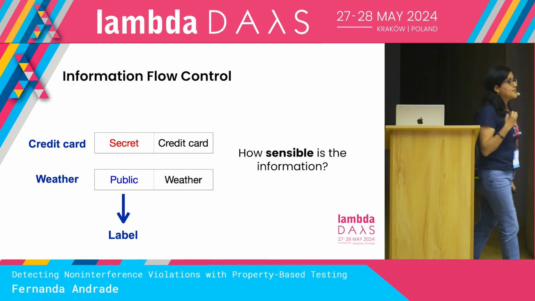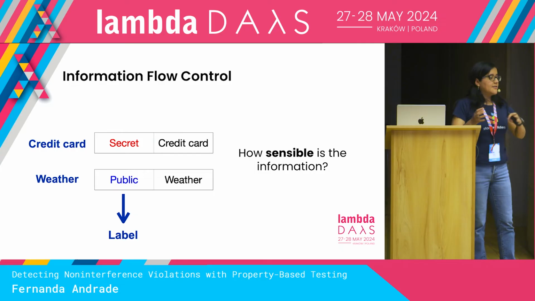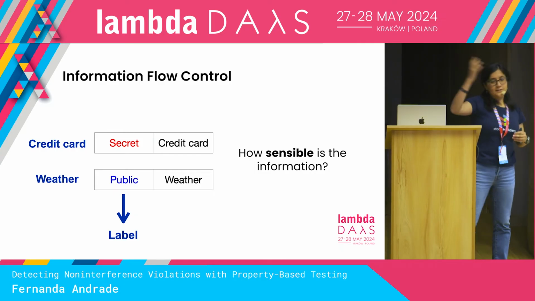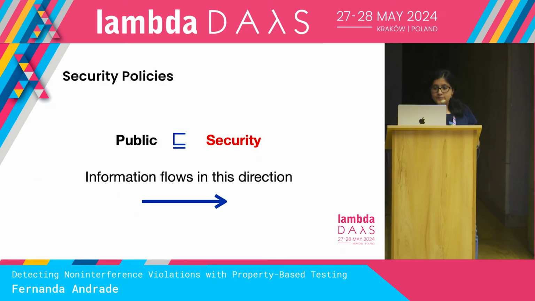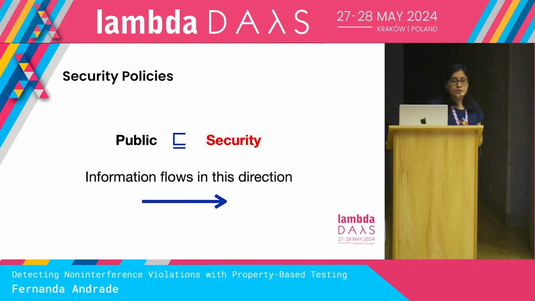Labels allow us to classify information, whether it's private or secret in some cases, but you can have different levels of information. So what is a security policy in this context? Basically, a security policy defines the relationship between the security labels. And for this, we use a lattice.